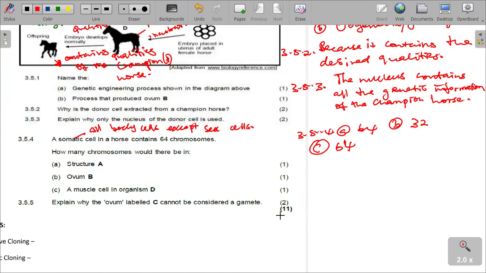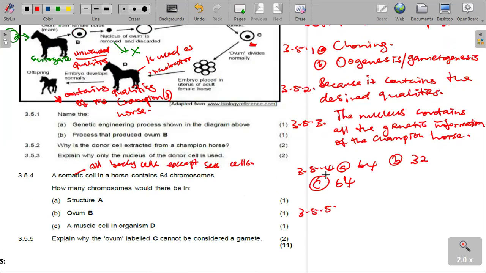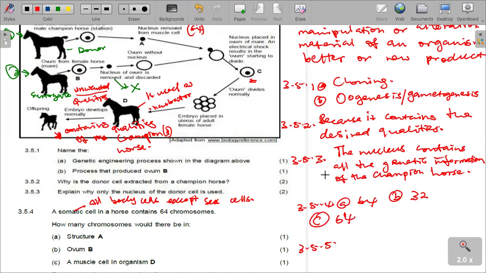Explain why the ovum C cannot be considered a gamete. Question 3.5.5. Explain why the ovum labeled C cannot be called a gamete. Why should we say that it is not a gamete?